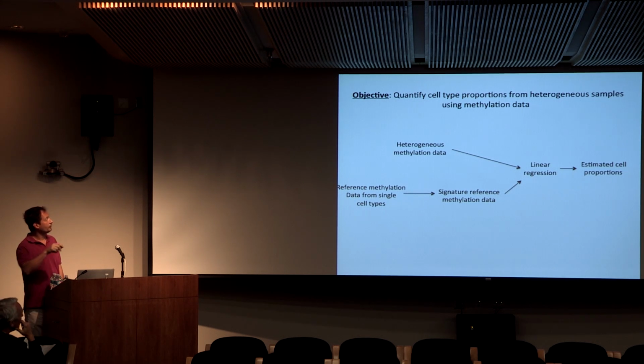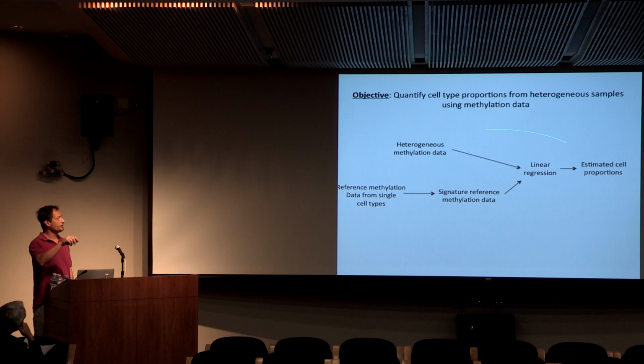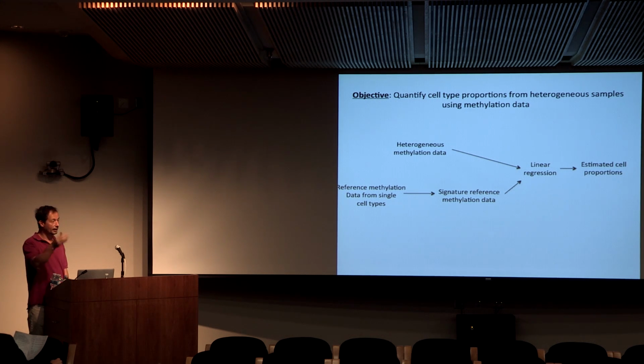And so having that information, we can build a system for inferring the abundance of these different types of cells within a biopsy. The idea is quite simple. You start with reference methylation data. So we collect methylation data from single types of sorted cells that are likely to be present within our mixture. Then we identify the sites within these methylomes that are specific to each one of the types of cells.